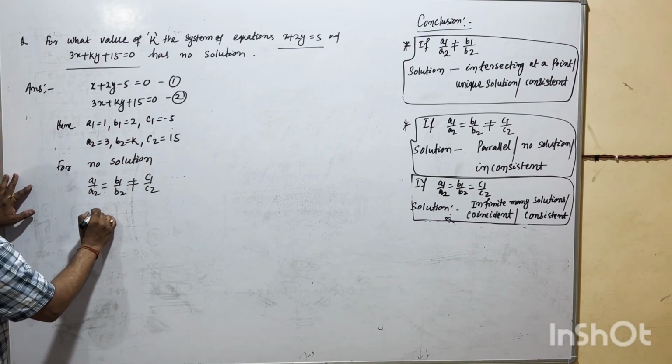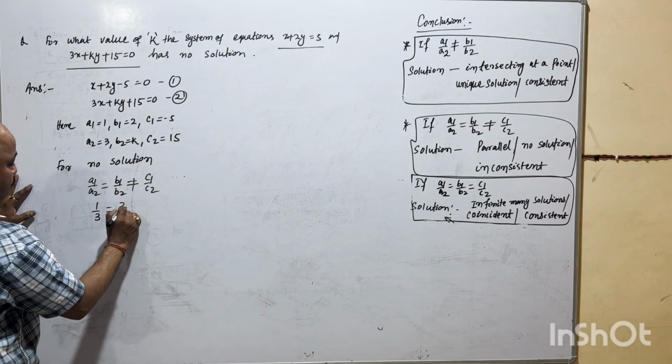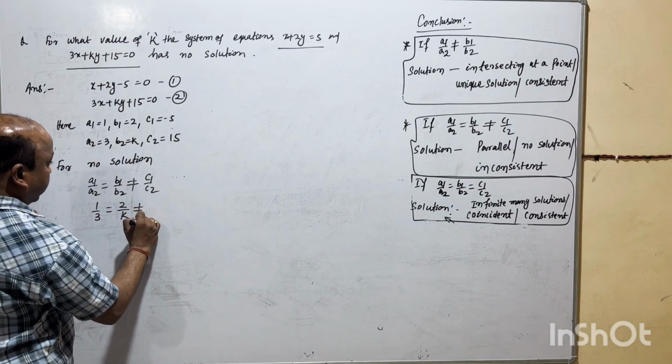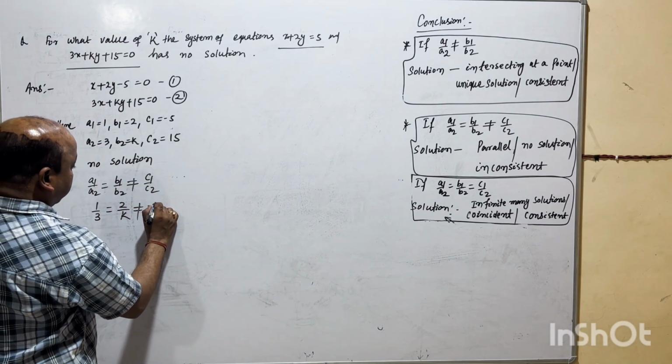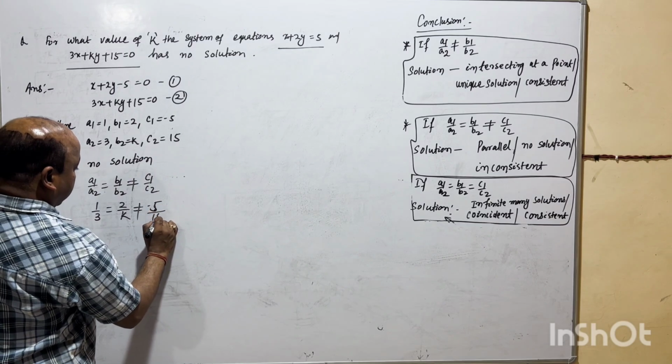First write the coefficients: a1 is 1, b1 is 2, c1 is minus 5, a2 is 3, b2 is k, c2 is 15. Putting the values, 1 by 3 equal to 2 by k not equal to minus 5 by 15.